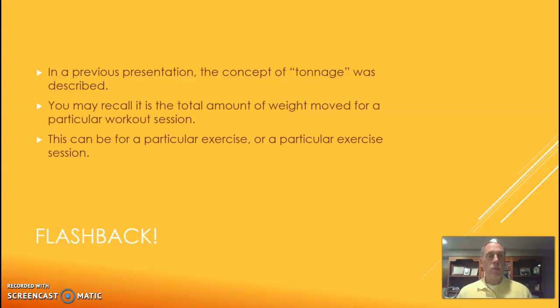But in the real training environment, you'll end up having multiple rep and set combinations with varying weight load parameters with different exercises. So it gets a little more complex than that. But specifically, today is all about being able to quantify work in a particular workout session or a particular exercise within the context of a session.